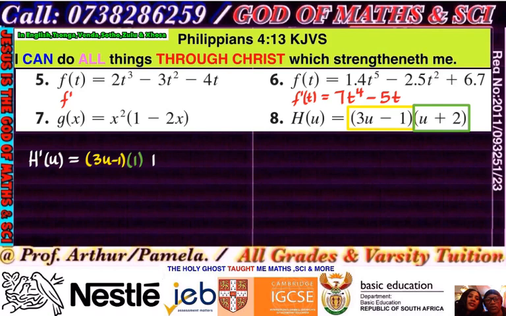Then plus. Okay, instead of saying stop the second, I'll say derive the first, which is just the 3, and then we keep the second as u plus 2. Can you see that? And then we can simplify that. Let's keep on simplifying for now.